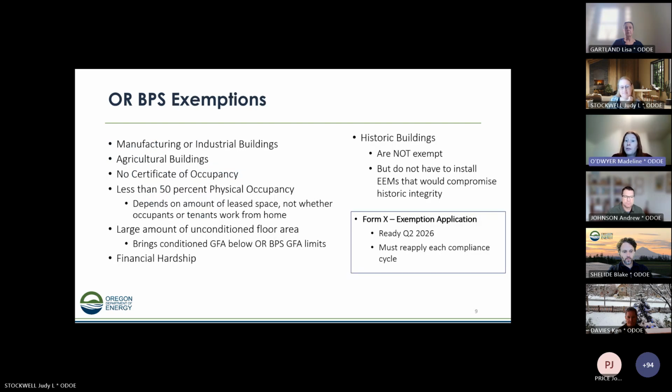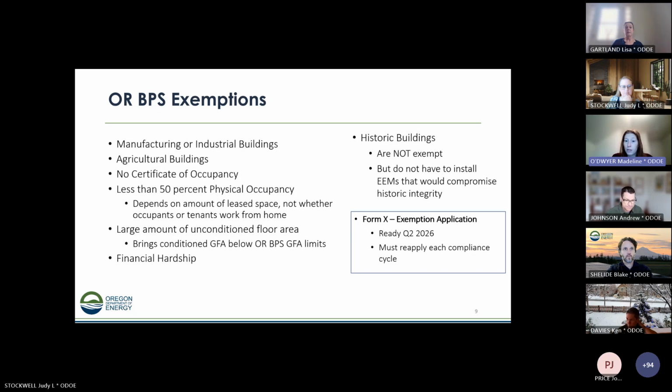So is your building exempt? This is usually at the top of everyone's questions. The most important thing to know about the Oregon BPS exemptions is that they're not automatic. Each exemption will have to be applied for each building. We do have several types of exemptions, and those are listed on the left-hand side. At a glance, there's 3 types of property types that can file for exemptions.